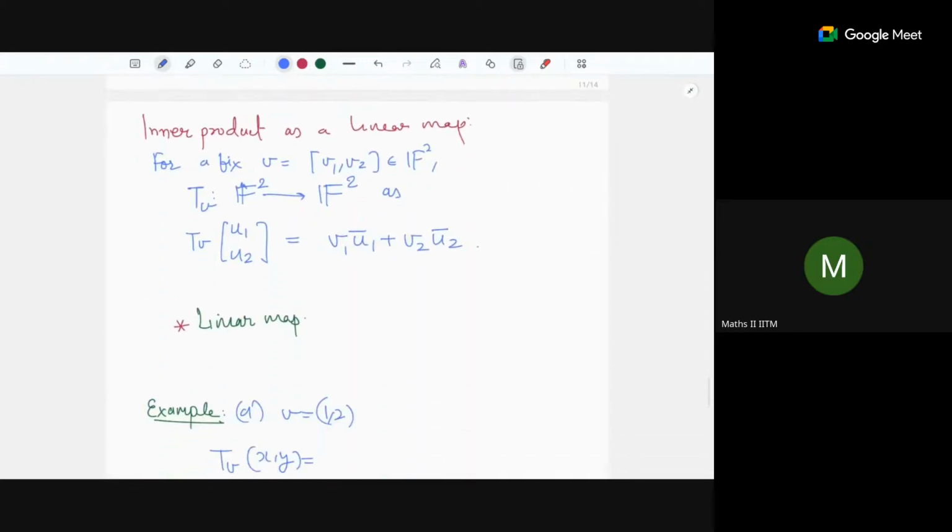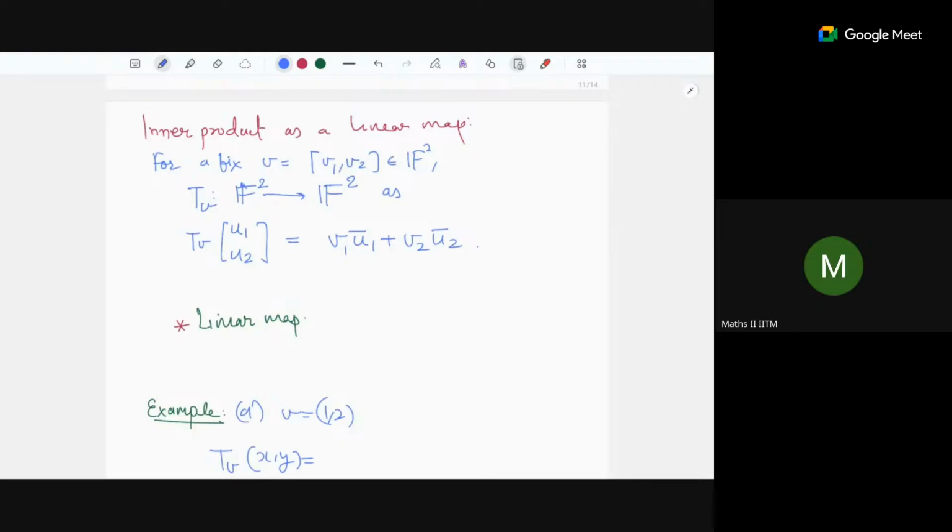Now, this inner product that we have seen also defines a linear map on your vector space C2. In particular, I will be taking F2, and I will be taking the complex inner product of the complex plane. So F2 can be C2 or R2. That should be clear by now.